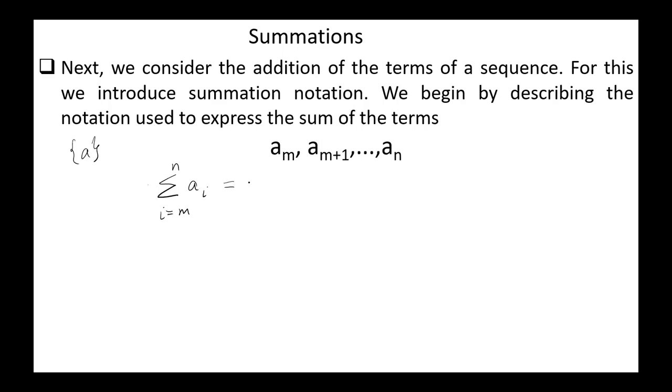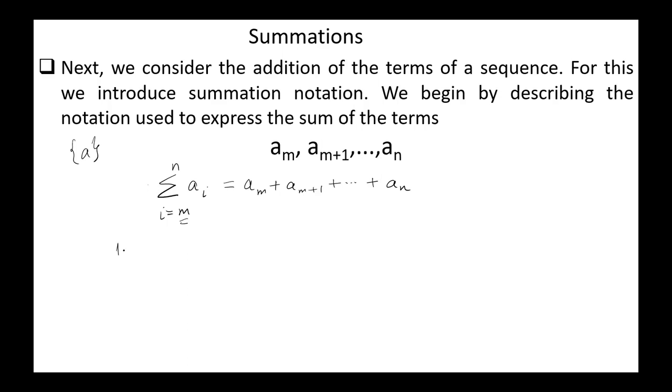And this represents a_m plus a_(m+1) plus etc. plus a_n. The index of the summation i runs through all integers starting with its lower limit m and ending with its upper limit n.